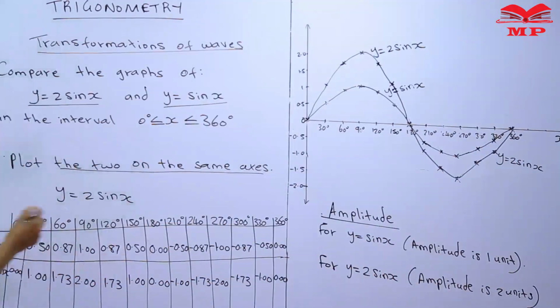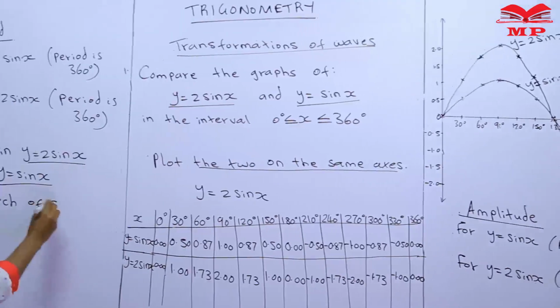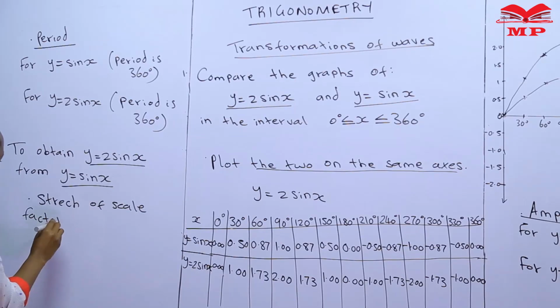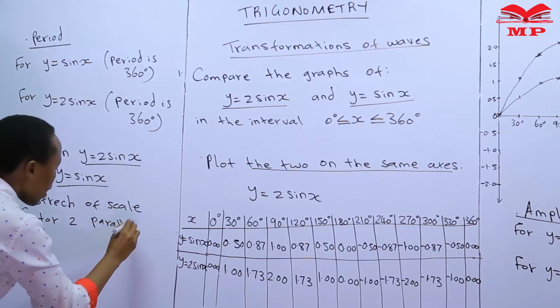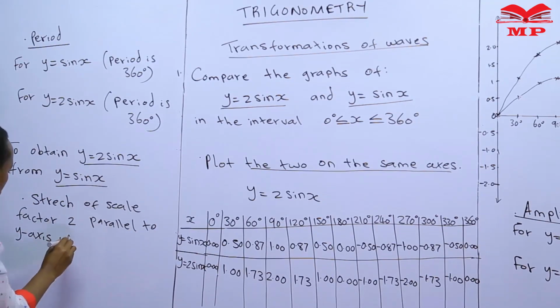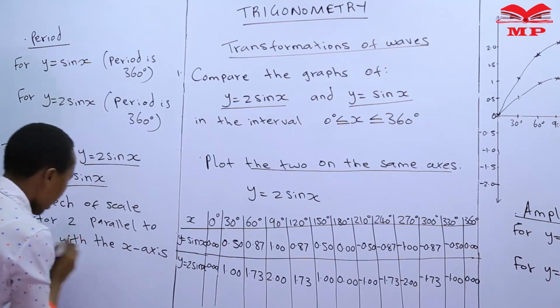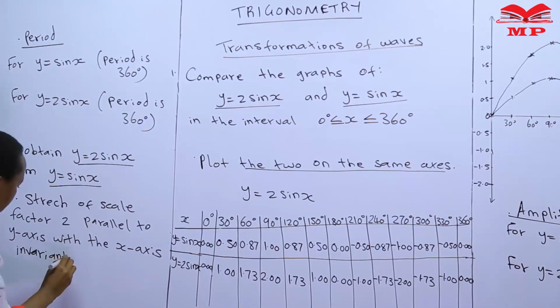So the transformation to obtain this from y is equal to sine x is a stretch of scale factor 2 that is parallel to the y-axis with the x-axis invariant.